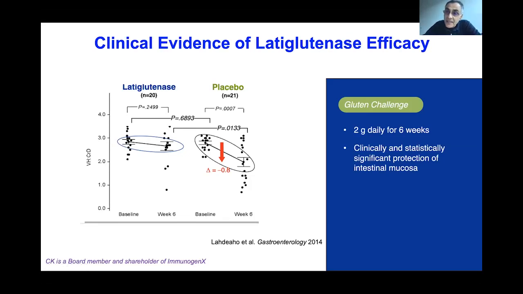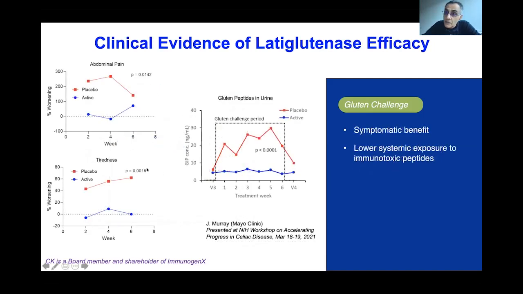However, the FDA does not consider histopathological measurements as a valid measurement for approval. And so many years and many millions of dollars later, a clinically relevant tool was developed that correlates histopathology and other gold standard, objective markers to clinically relevant indices like abdominal pain and tiredness.